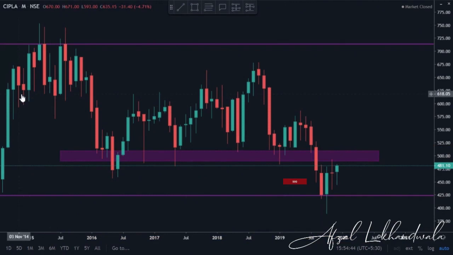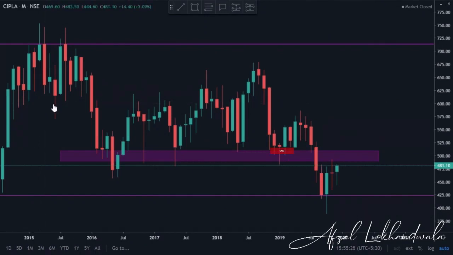Now do we see any other areas? Here I can see one area. There are multiple rejections. There are multiple wicks we can see. But the issue with this area is that it dates back to 2014-15. You look down the screen. The area dates back to 2014 and 2015.